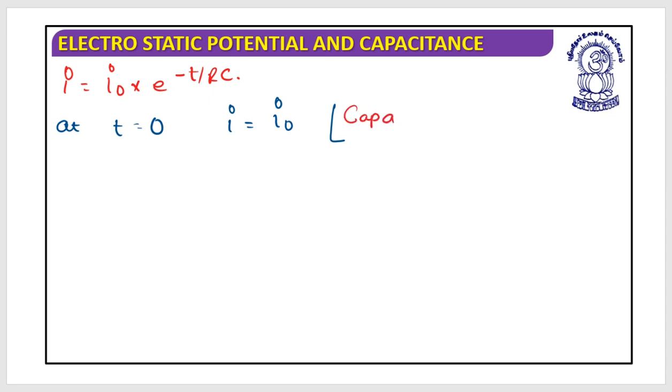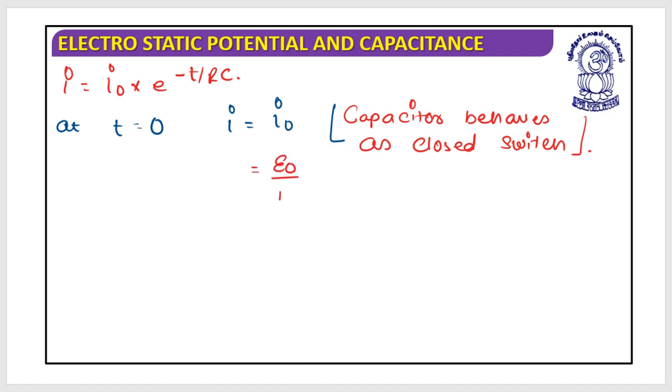That means, remember, the capacitor behaves as a closed switch. Because when I say I naught, I mean only E naught by R. If you remember the circuit, the situation was something like this.